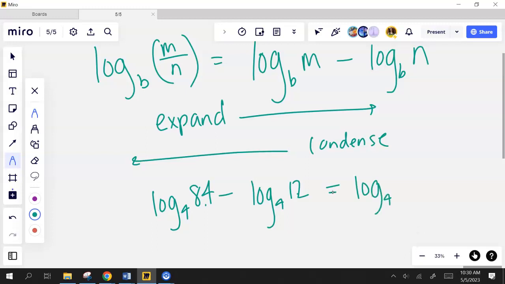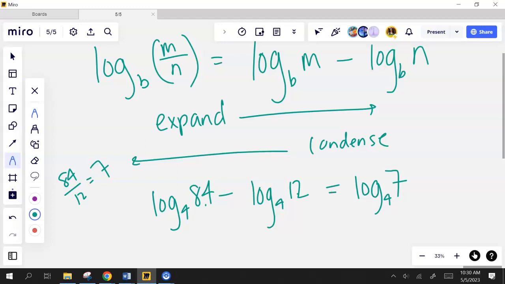Come on, y'all should know that. 7. You leave it as the fraction. Most of the time we're going to be working with variables, not numbers like this. And so you'll just leave them divided, but yeah, you just leave it as a fraction.